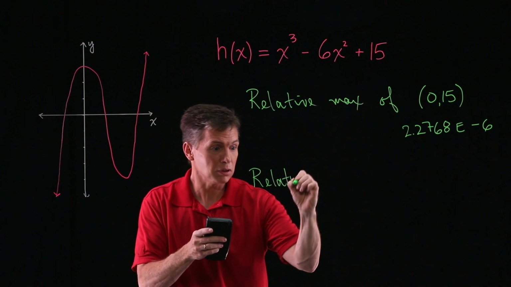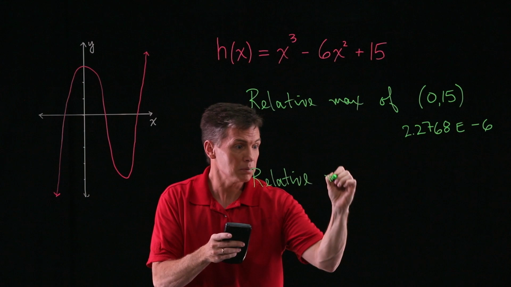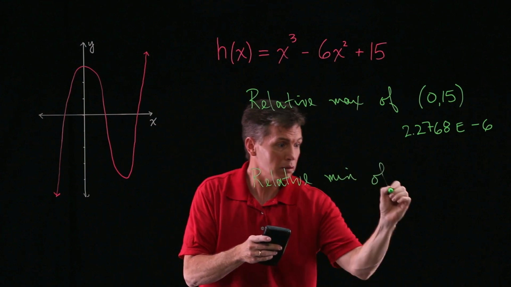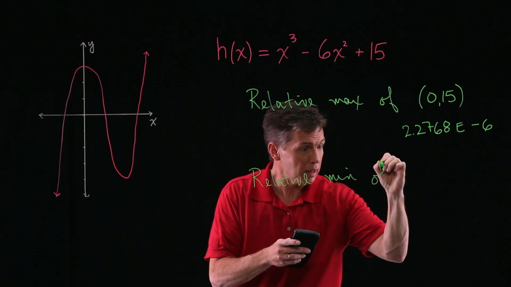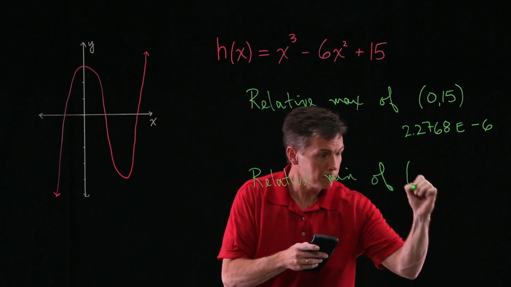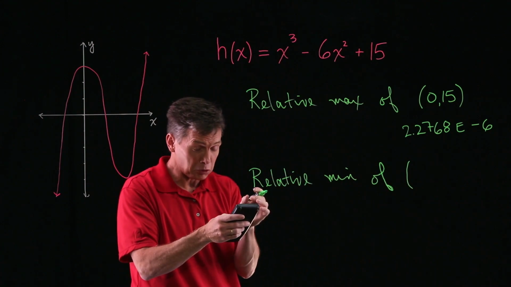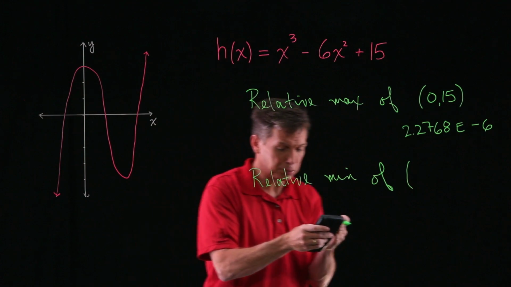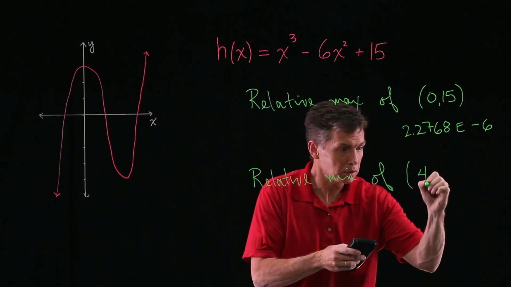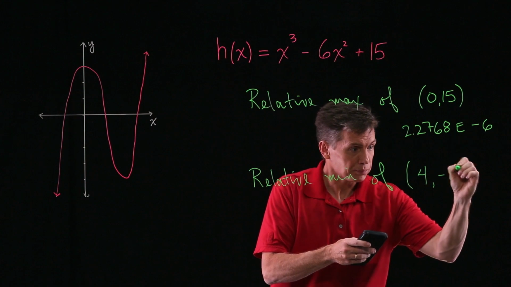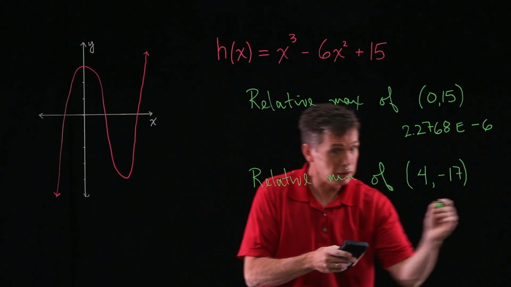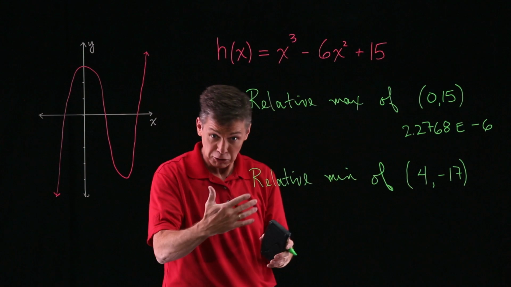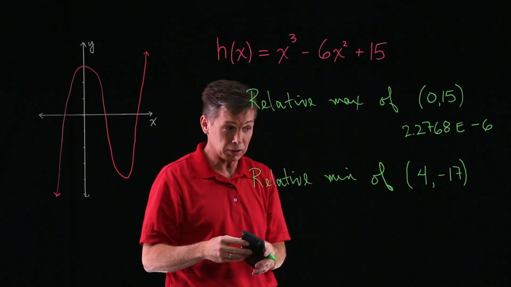Let's get an answer going of a relative min of, don't forget you need that x value as well. So when my y value is pretty darn close to a -17, looks like my x value is pretty darn close to a 4. And please don't lose sleep over the extra decimals you might see on your graphing utility.